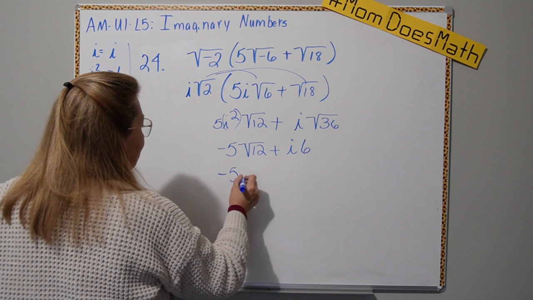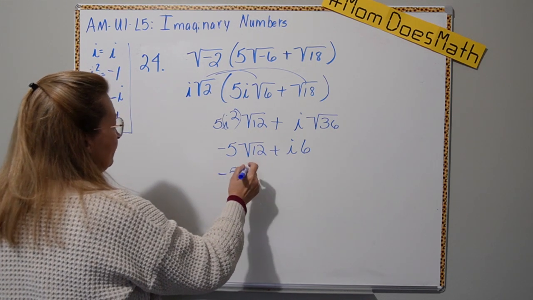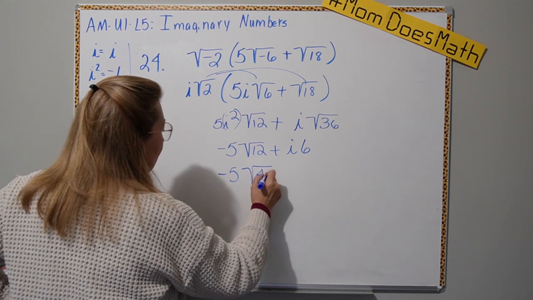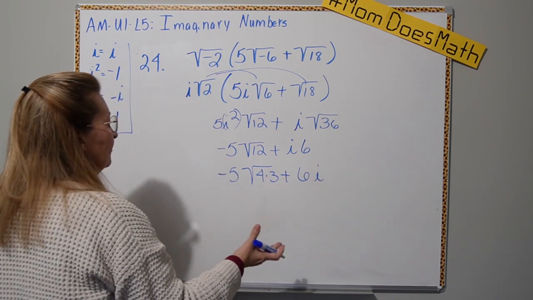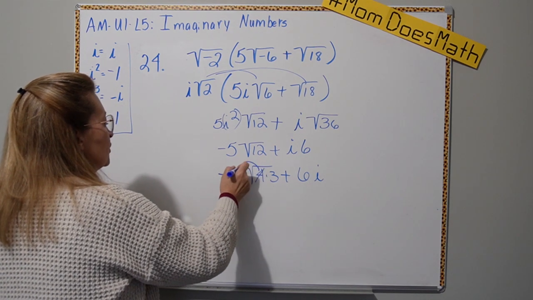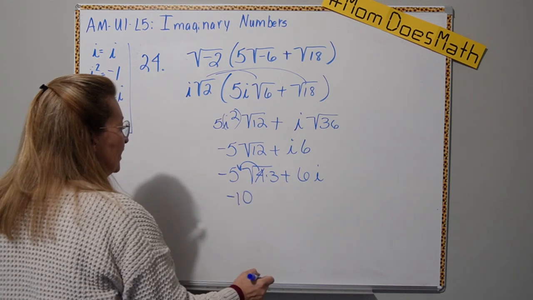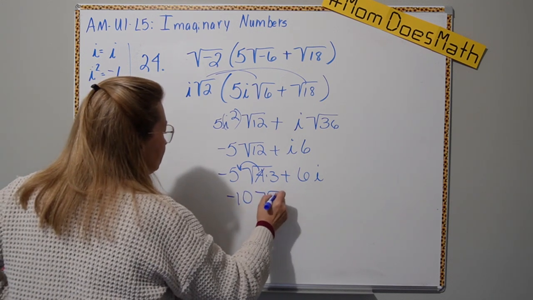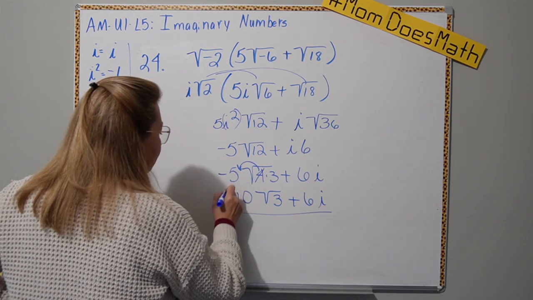What's a factor of 12 that is a perfect square? 4 times 3. And like I said, I'm going to change that to 6i. What's the square root of 4? 2. So when you pull it out and multiply it times -5, that's going to give you -10√3 plus 6i.